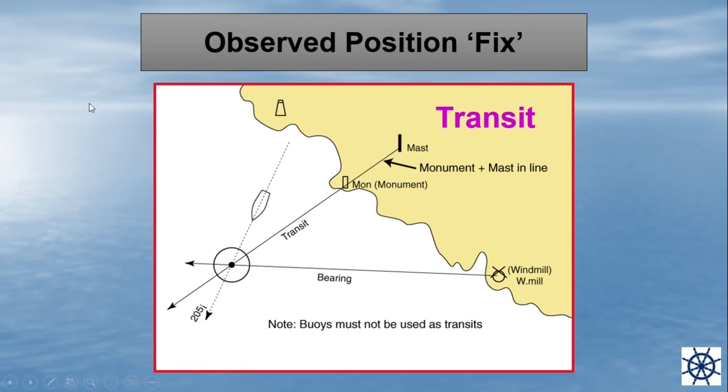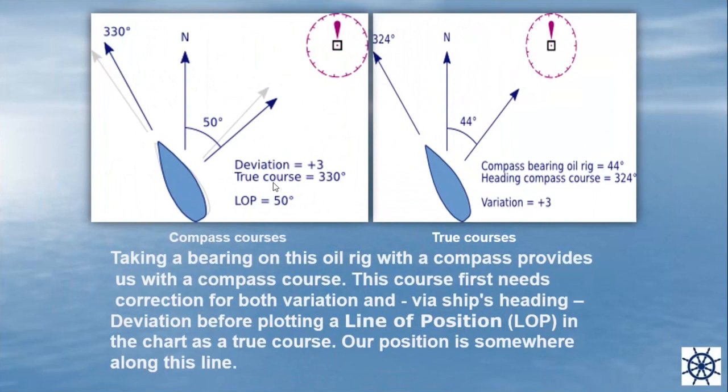Okay, so taking a bearing on this oil rig, no, with a compass provides us with a compass course. This course first needs correction for both variation and the ship's heading deviation before plotting a line of position in the chart as a true course.